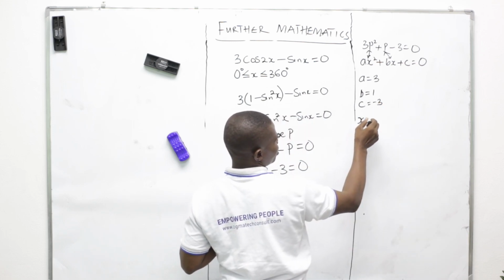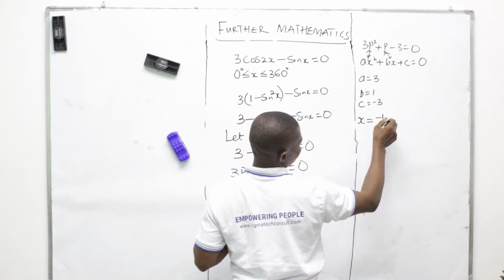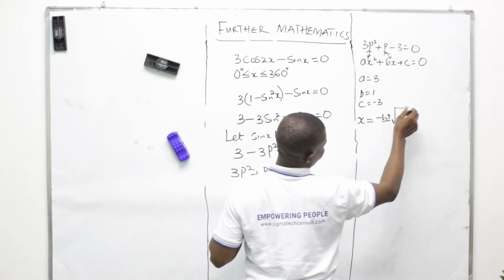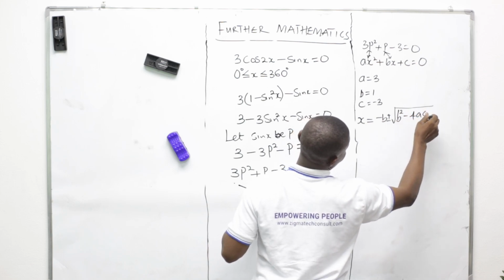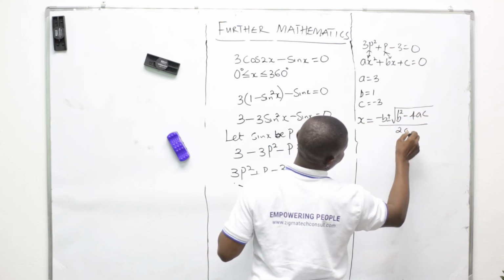The general formula is x equals minus b plus or minus square root of b squared minus 4ac all over 2a.